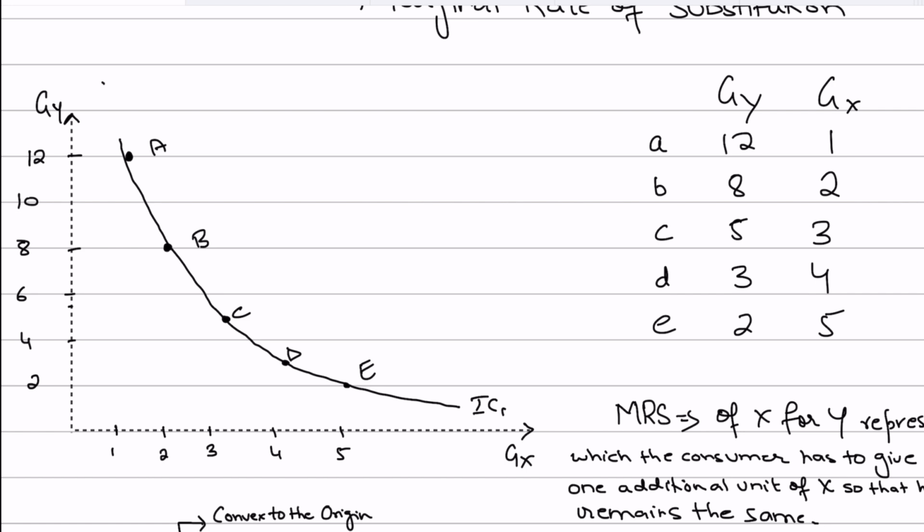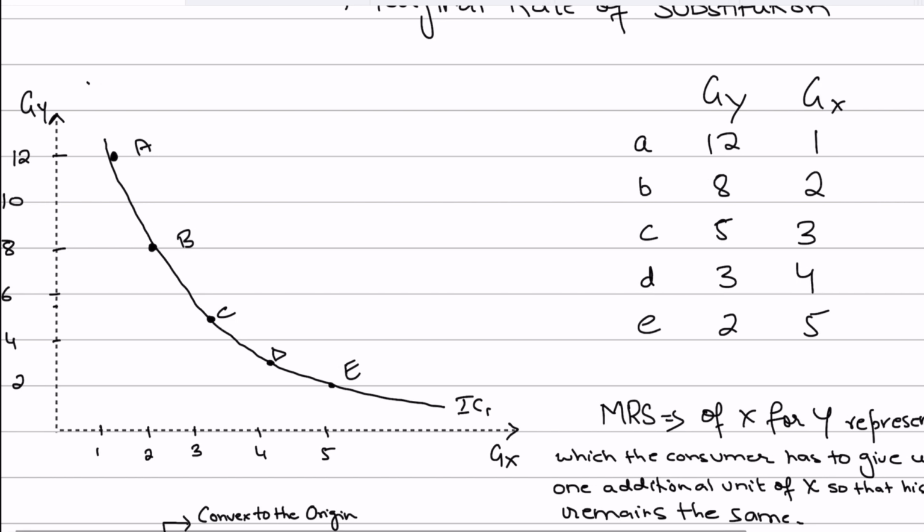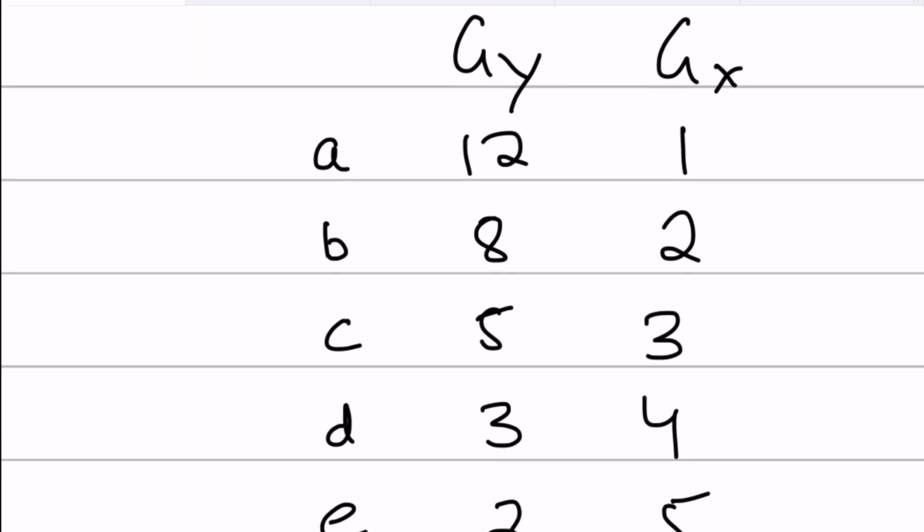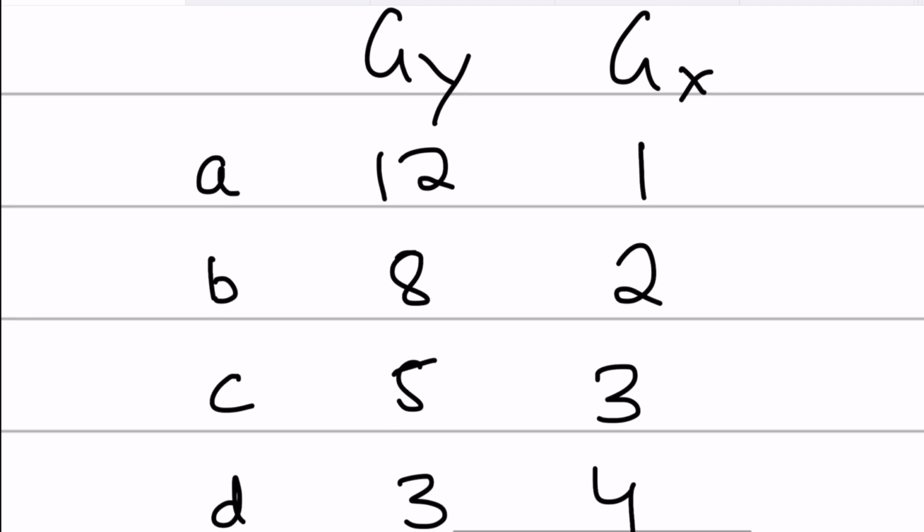So let's say that from A to B, if you look at the table, at A we're basically having 12y and let's say 1x, and at B we have 8y and 2x, right? And if you look at the table, if we go from A to B, we have an incremental x, that is one more unit of x, but we have 4 less y.